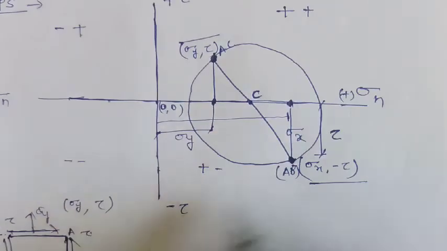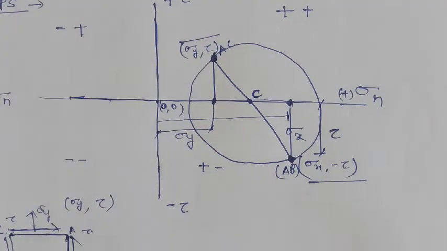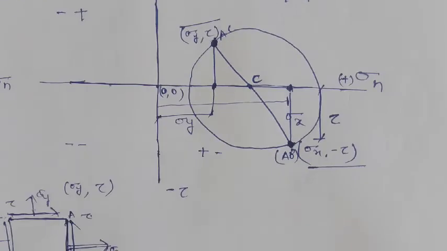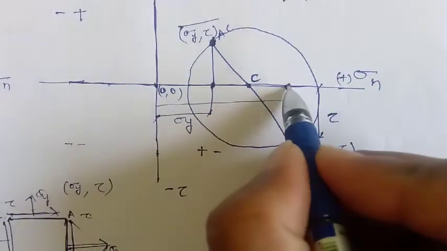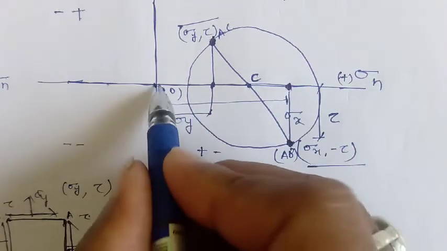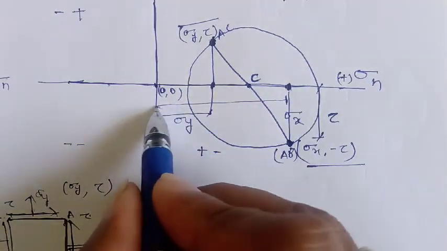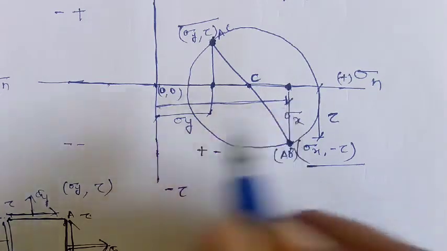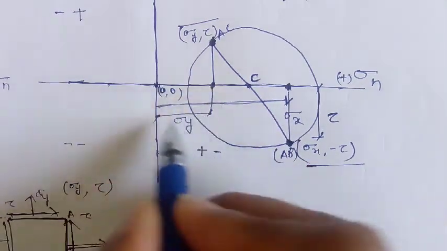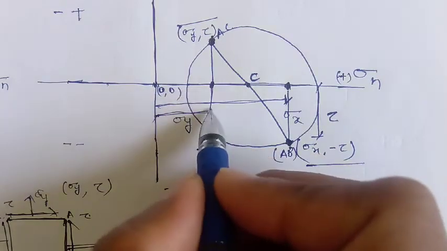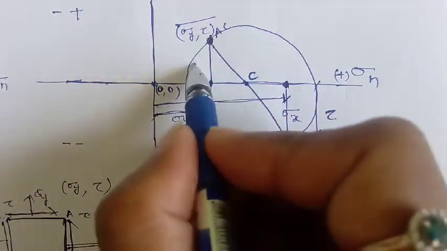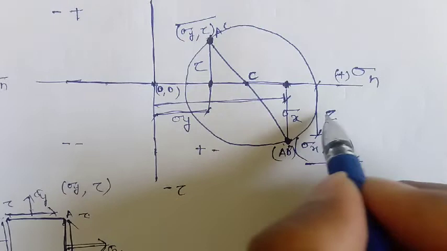So these are points on a Mohr circle. This is one important consideration, and from the reference to this is called sigma x. This is the sigma x, and from here to this is the sigma y. This is the sigma y, and from here to here this is tau.